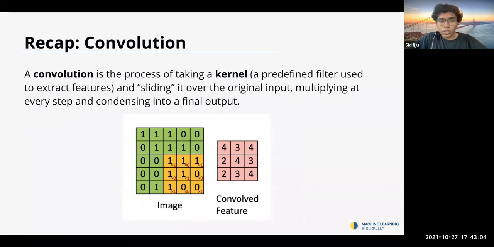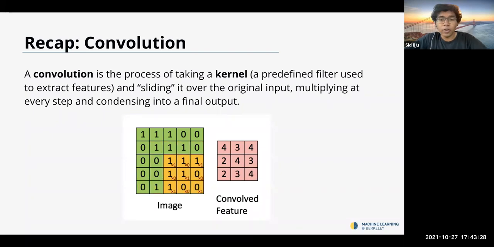Next, we have convolutions. A convolution is a process of taking a kernel, which we defined as a predefined filter used to extract certain features from a network. I showed the example in week 5 of a kernel that was used to extract vertical lines from an image. But the point of a convolutional neural network is to learn different filters that you want to use in your final output.